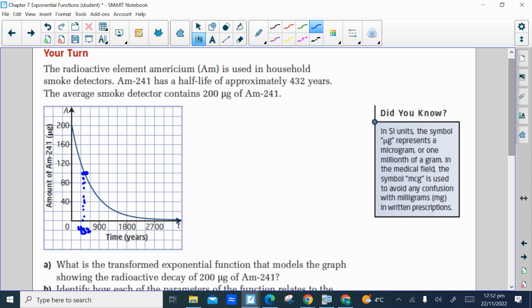But if we use this general form, y equals A times B to the power T over P, remember that B is the growth rate. And in this case here, the amount of AM-241 is being cut in half every 432 years. So B is 1/2. That is the growth rate.